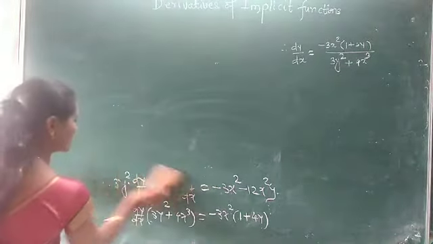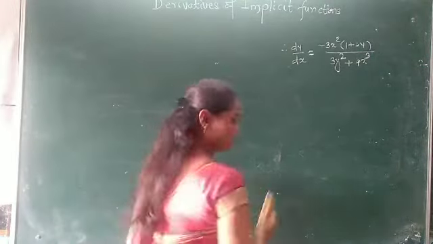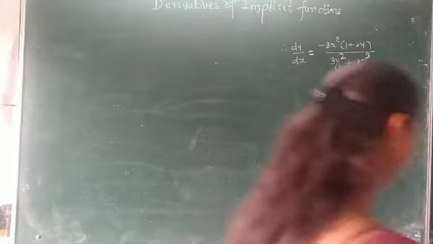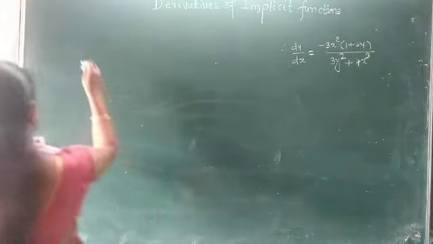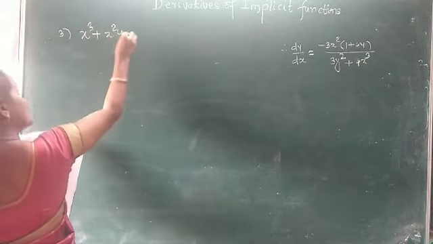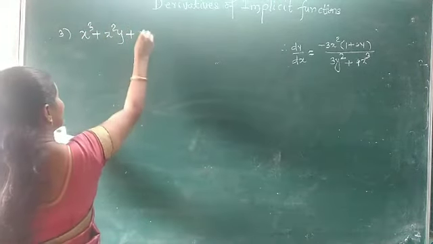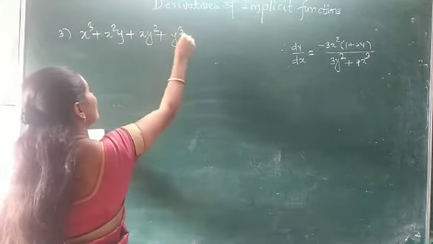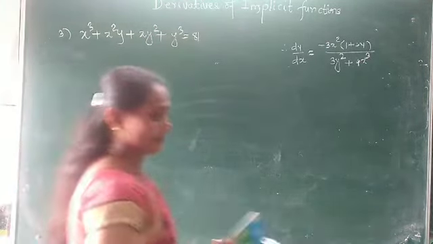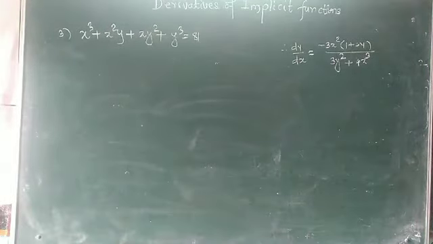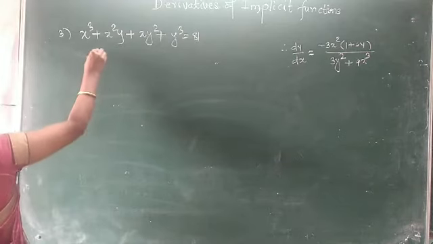Now third question, x cube plus x square y plus xy square plus y cube is equal to 81, which is an implicit function. So first differentiate with respect to x.